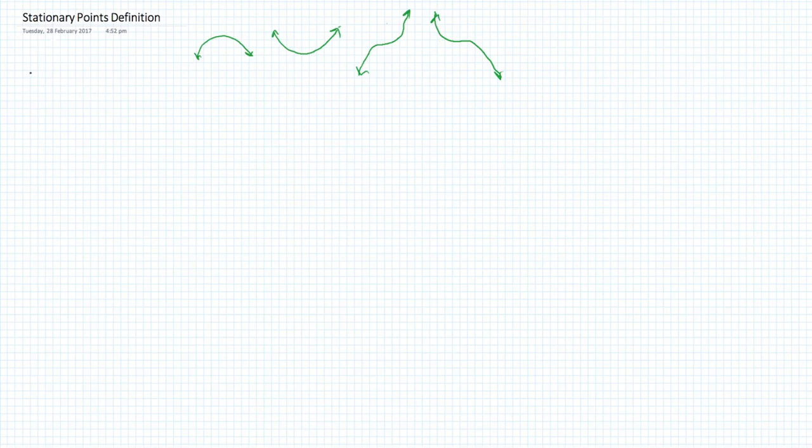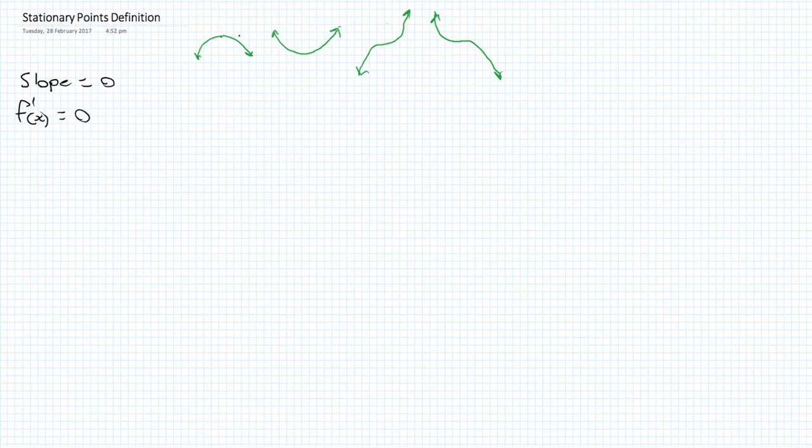So let's write that down. Slope is equal to 0. Or, if we want to get a bit more specific when we're talking about derivatives, our first derivative, f'(x), is equal to 0. So the slope is equal to 0.